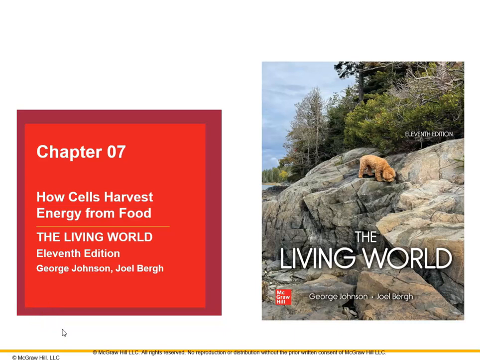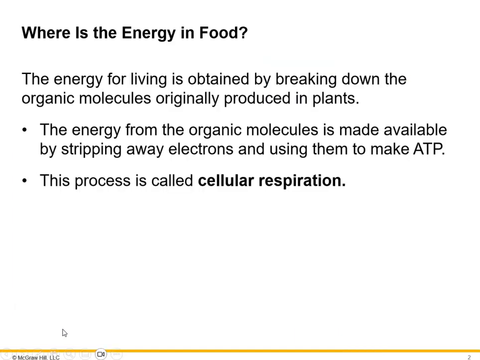Chapter 7 is all about how we are harvesting energy from the food that we eat. This is a cellular process. So where is the energy in food? Well, the energy for life is obtained by breaking down the organic molecules that we ingest that are originally produced in plants.